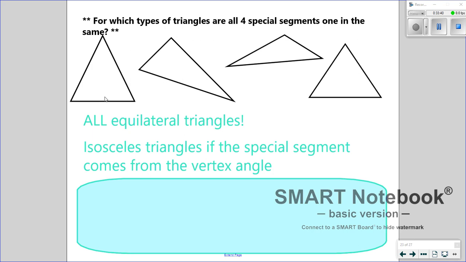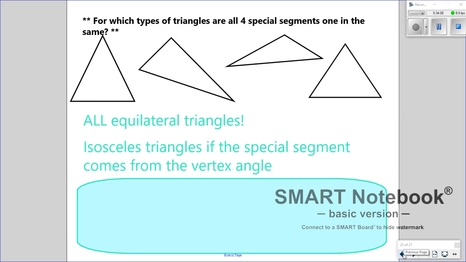And also with the angle bisector, because let's say with the equilateral triangle, if your angle is 60, you make it 30, you're actually going down the middle of the equilateral triangle. Same thing with the isosceles. So those 2 triangles will satisfy all 4 special segments. But the other types that are not those, no.